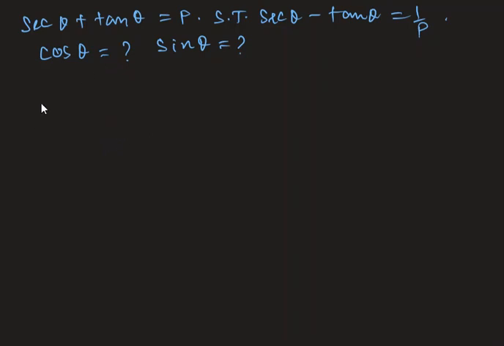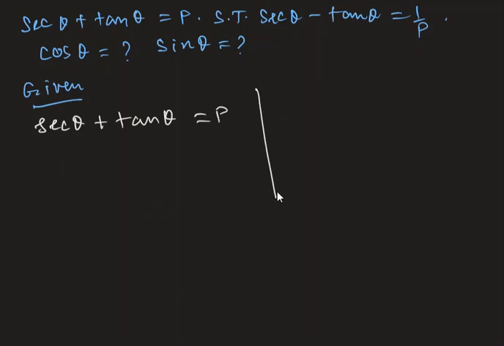Now, what is given here? Secant theta plus tan theta is equal to P. Here we have to apply the equation 1 plus tan squared theta is equal to secant squared theta.